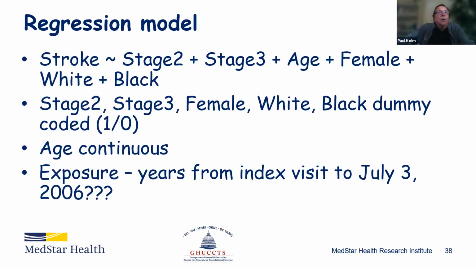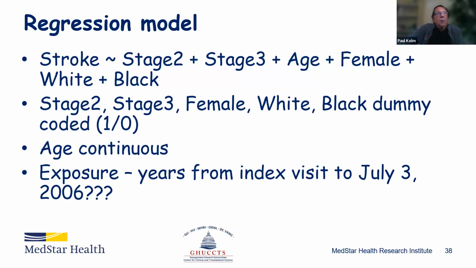So here's our model. We're going to model stroke as a function of stage 2, stage 3. And of course, in this one, stage 1 is the reference group, by age, by sex, male being our reference group, and then white and black. In this case, the other race category will be our reference category.